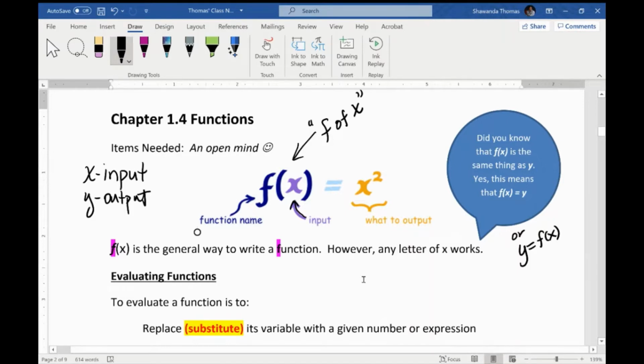Let's talk a little about what functions sort of mean in real life. Basically, your input has to go to only one y, or only one output. For example, I think there's an example in the textbook that talks about temperature in the daytime.